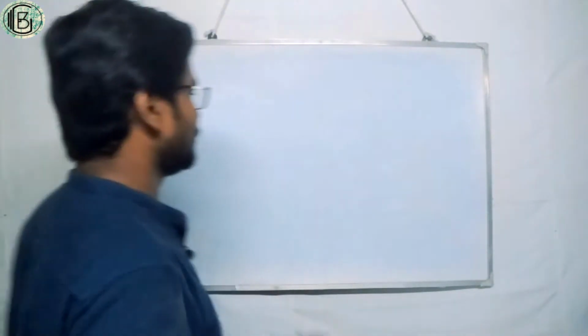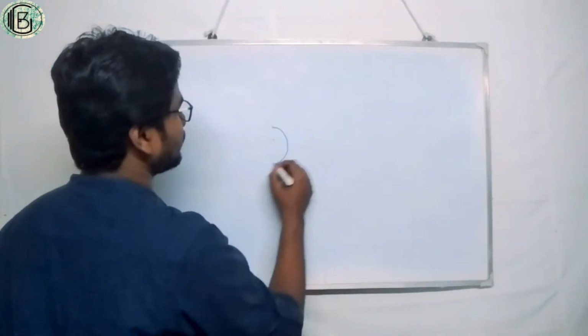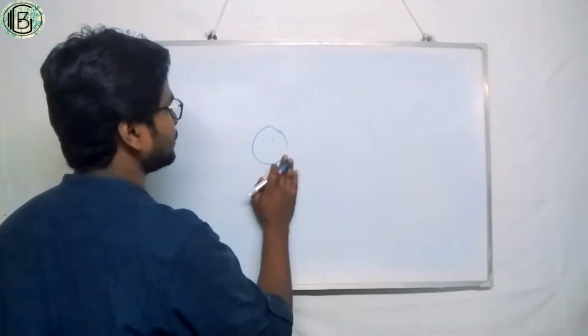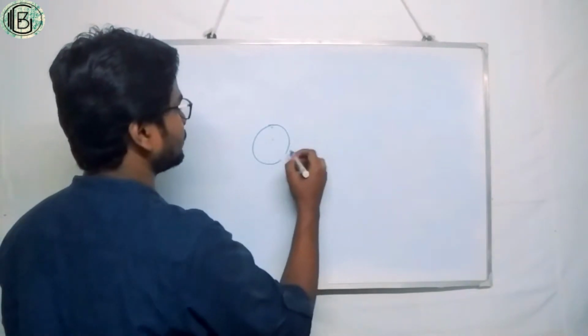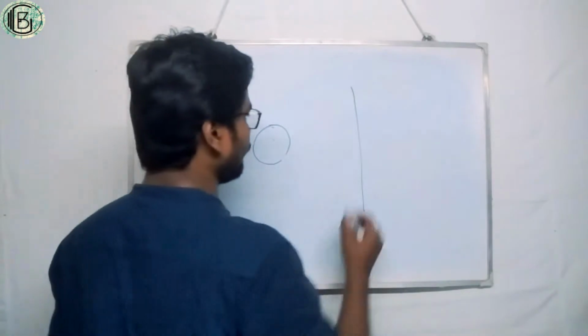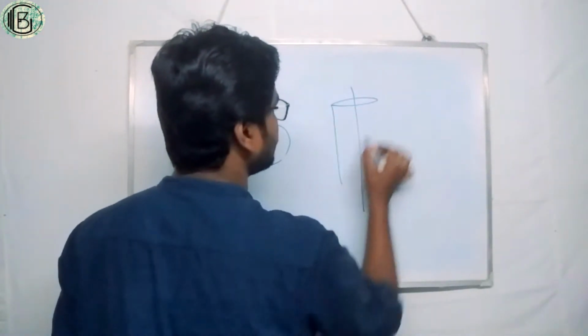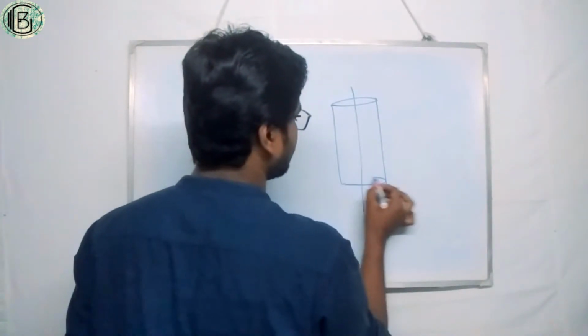If there is a point source, it generates a spherical wavefront. If there is a linear light source, it generates a cylindrical wavefront.